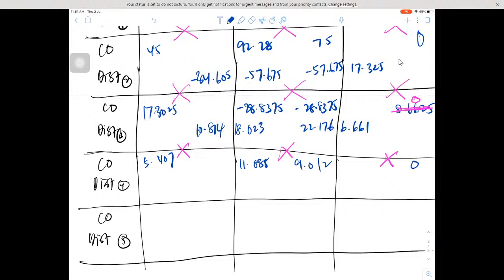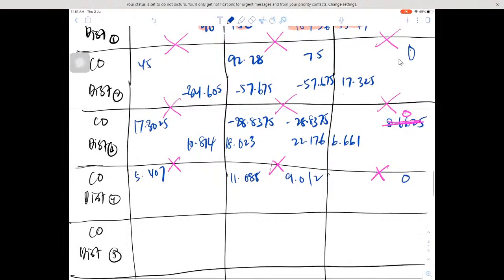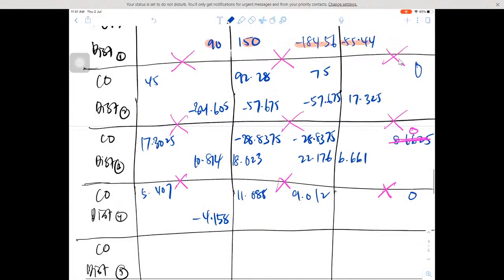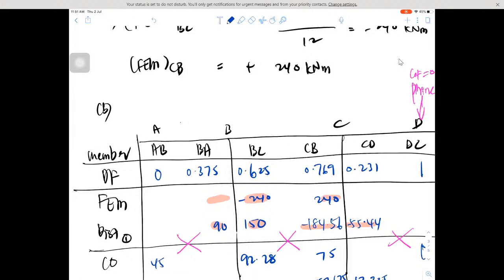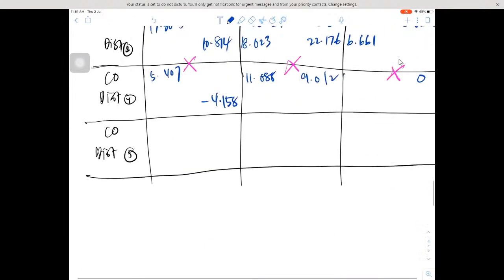Okay, we distribute again. 11.088 times distribution factor 0.375 is negative 4.158. 11.088 times 0.625 is negative 6.93.